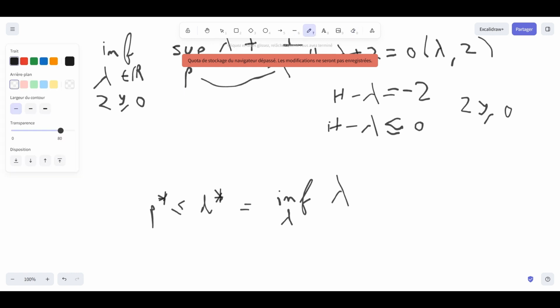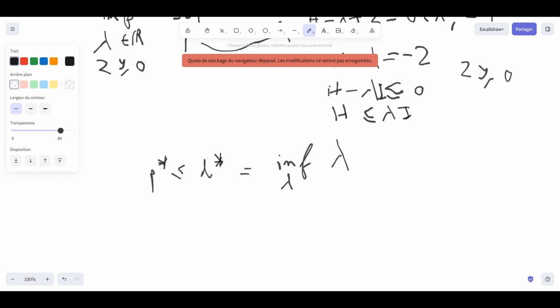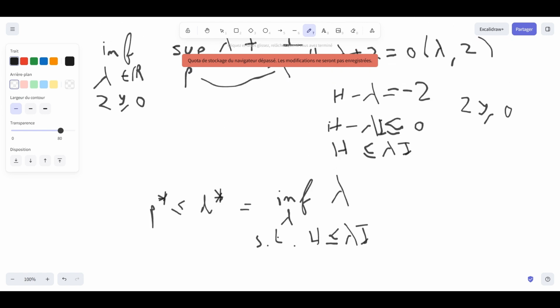Because it is matrices and lambda is a scalar, you need to multiply your scalar by something, and so you can now write it as H inferior to lambda I, so you have lambda such that H is inferior to lambda I, in the semi-positive definite sense. That's your new constraint.